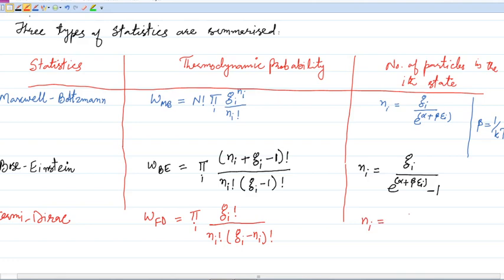And Ni will be equal to Gi upon e raised to the power alpha plus beta Ei here.